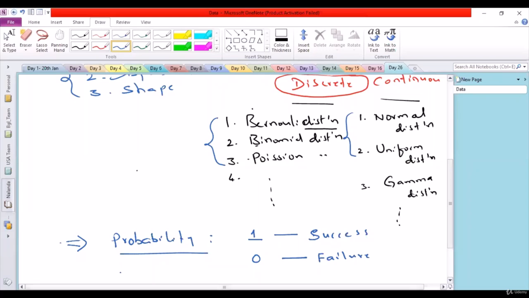Take tossing a coin. Before I toss a coin, I define my random variable as getting a head after tossing the coin. If I associate that with success, then the value of probability is 1.